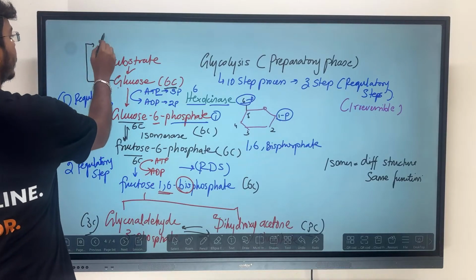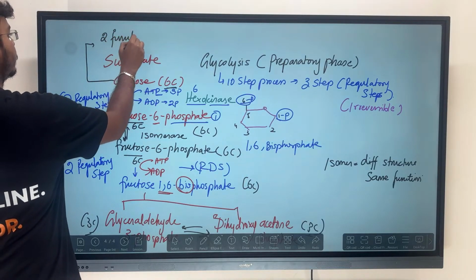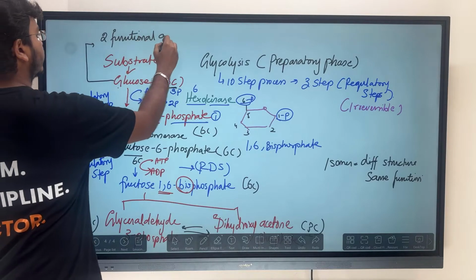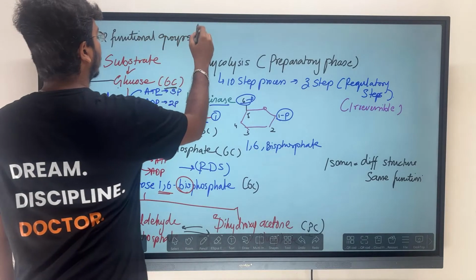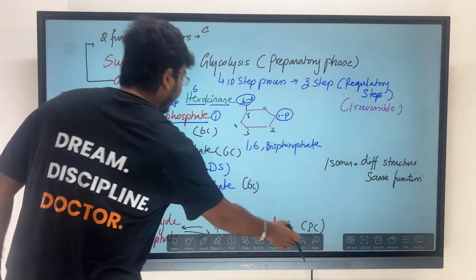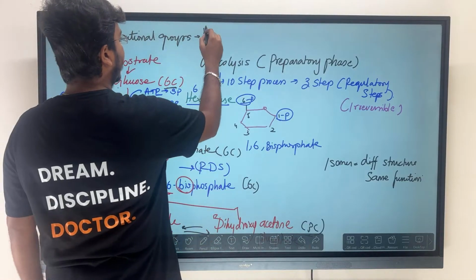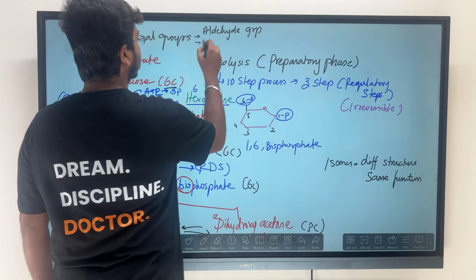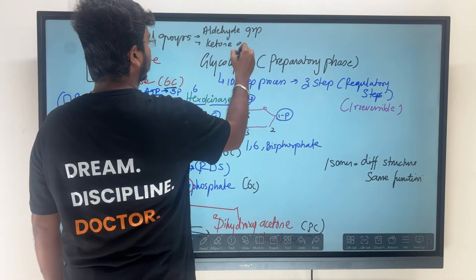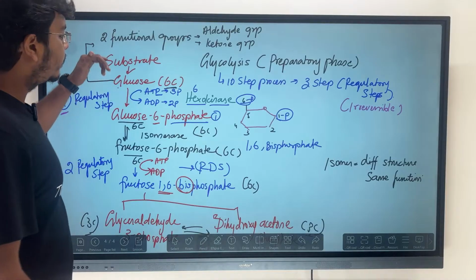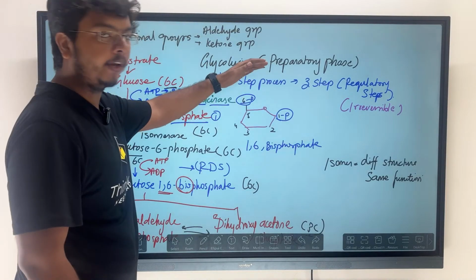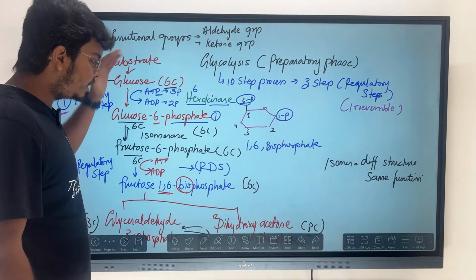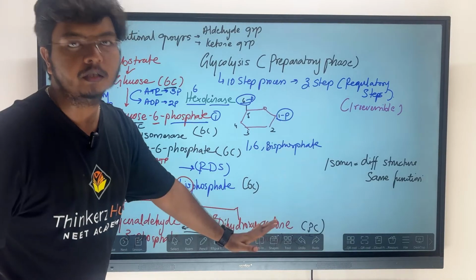What are the two functional groups? One is the aldehyde group, another one is the ketone group. So the glucose, which is in a preparatory phase, has prepared itself into its two functional groups.